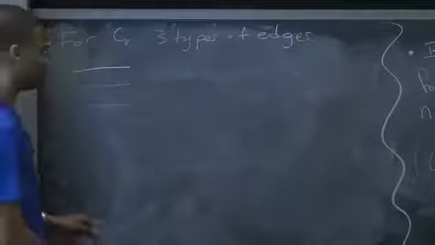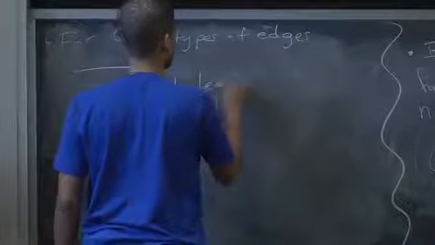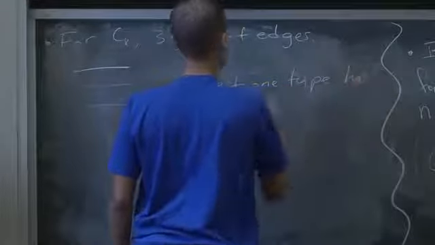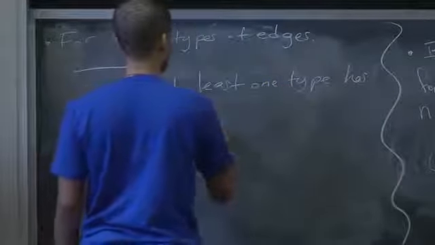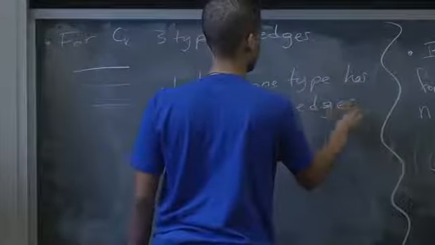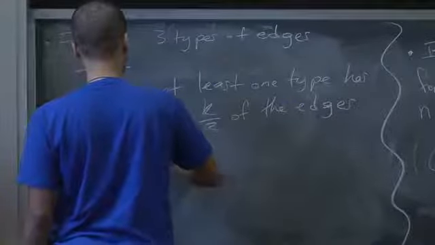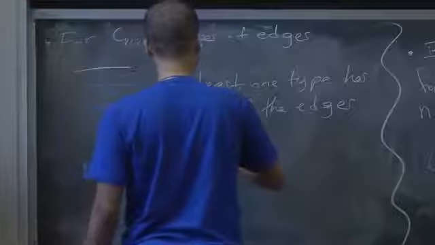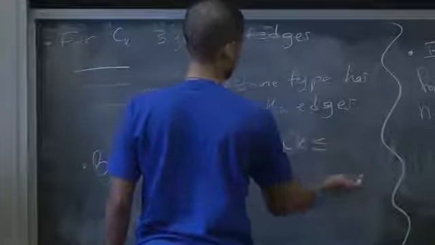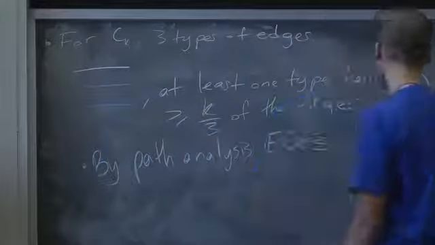Okay. At least one type has at least k over 3 of the edges. So by the path analysis, the expectation of ck is at most 1 over 2 to the k over 3, or something like that.